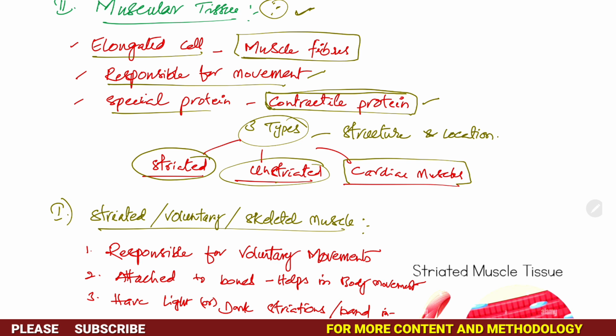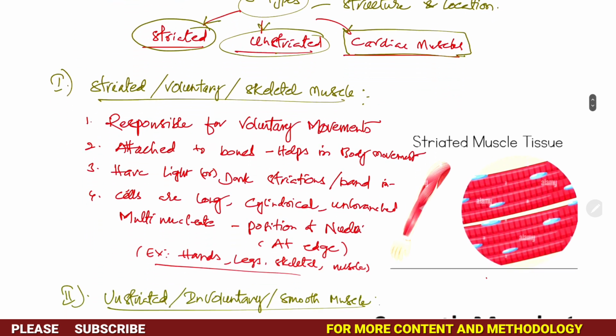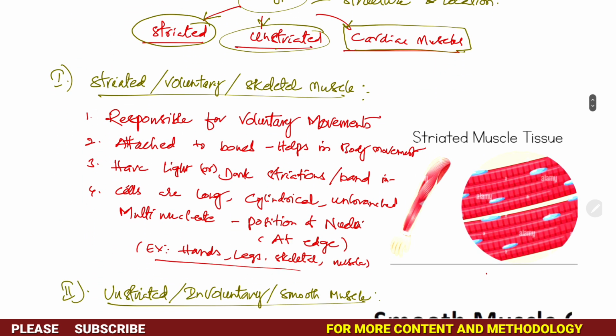One is striated or voluntary, the second is unstriated or involuntary, and the third one is cardiac muscle. The first one is striated, voluntary or skeletal muscle. These are the same, the names are different but the tissue is the same.